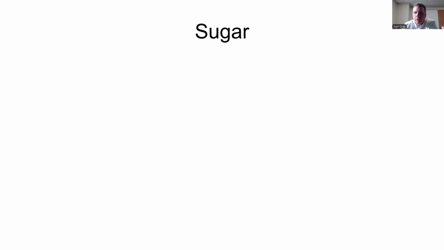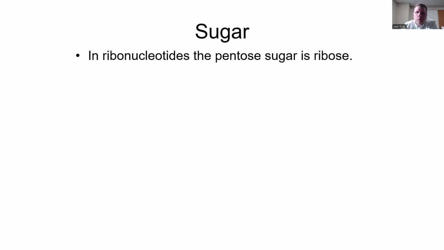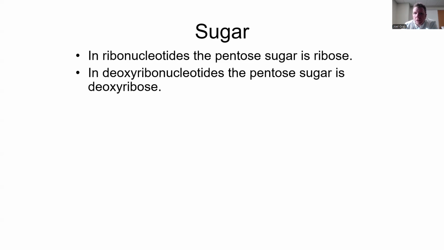And what we've got to start out with is a sugar. Now, in molecules known as ribonucleotides, there is a sugar and it is a pentose, and that specific pentose is ribose. Now, if you think back to structures of sugars, we classified sugars as being an aldose or a ketose. And then we would also say, like, oh, this is a ketopentose, or this is an aldopentose, an aldohexose. Ribose is an example of a ketose.